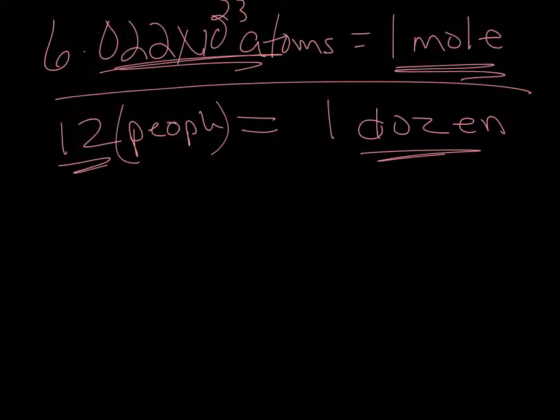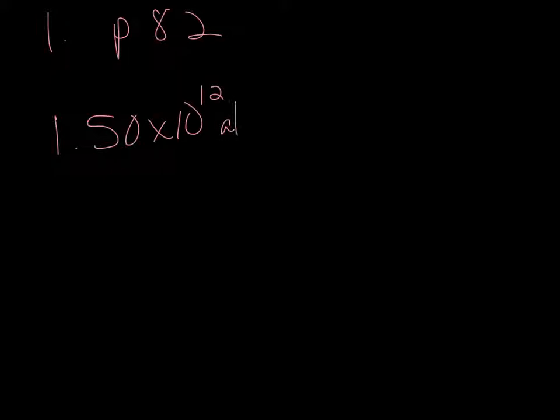So now, if we are given number 1 on page 82, and this is practice set D, we're asked to find how many moles of lead, Pb, are in 1.50 times 10 to the 12th atoms of lead.